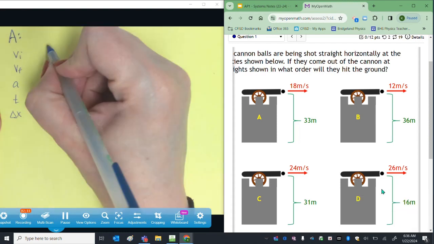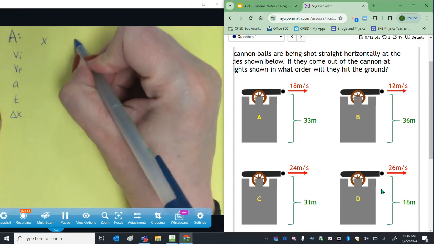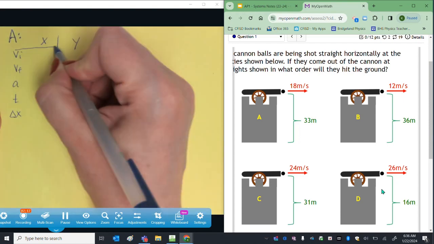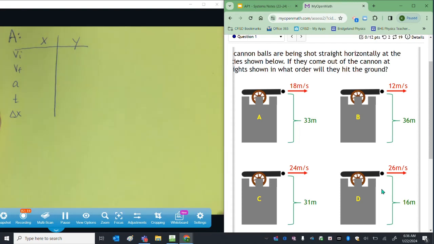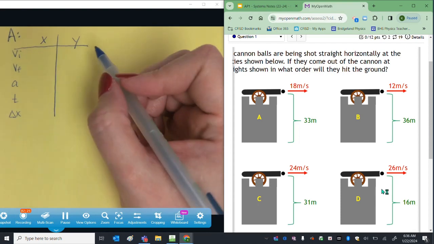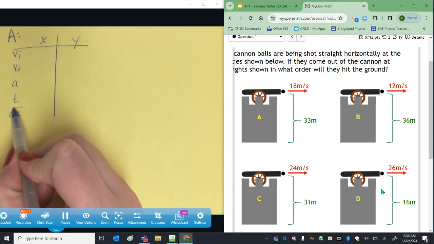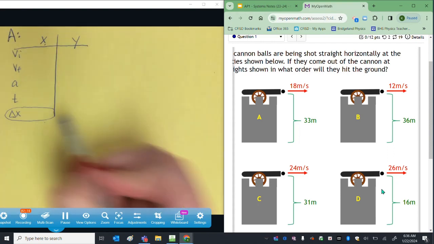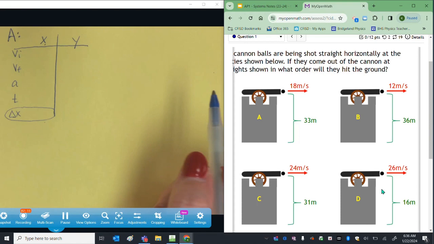I need to look at these separately in the x direction and in the y direction. I'm going to make myself a table similar to the ones that we made in class, and fill it in for projectile A. I'm going to do the same thing for B, C, and D, and ultimately what I'm looking for is the horizontal displacement. That's what we're going to be ranking.